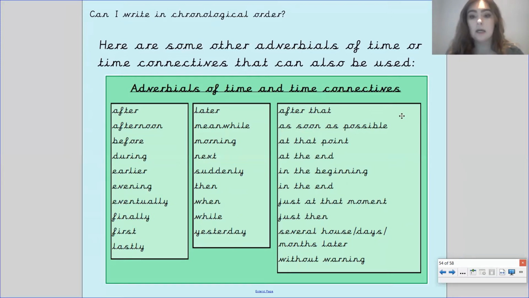After that, as soon as possible, at that point, in the end, at the end, in the beginning, just at that moment, just then, several hours, days, or months later, and without warning. These also help us know the chronological order of when something happens.